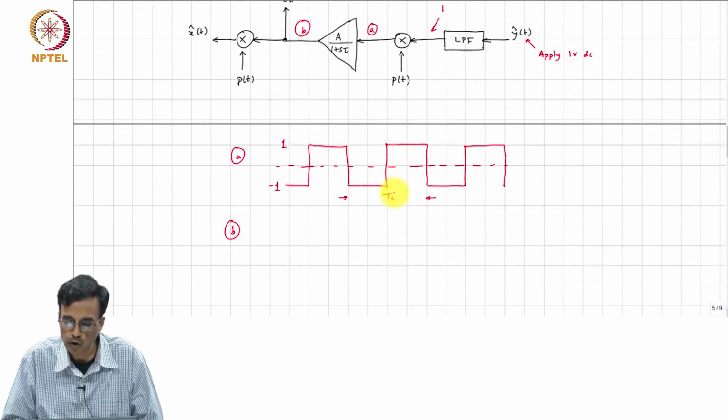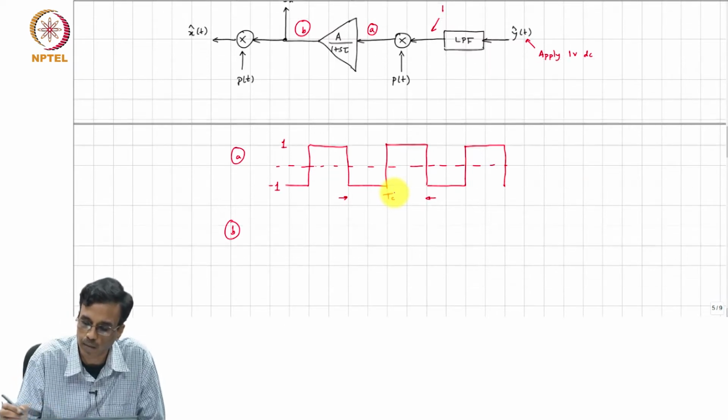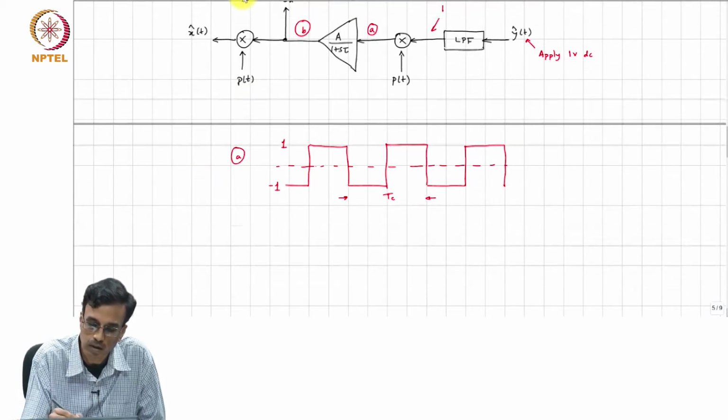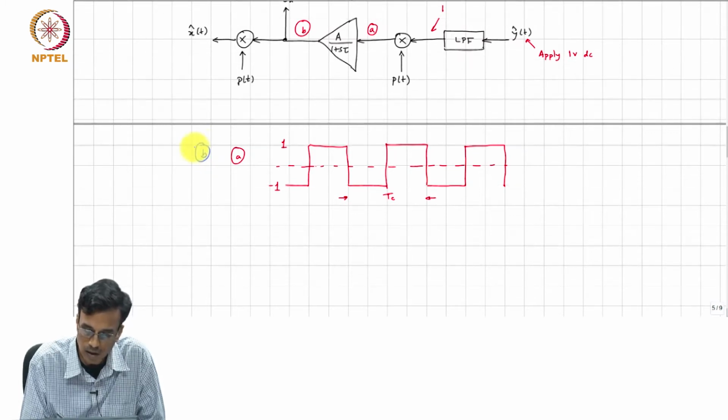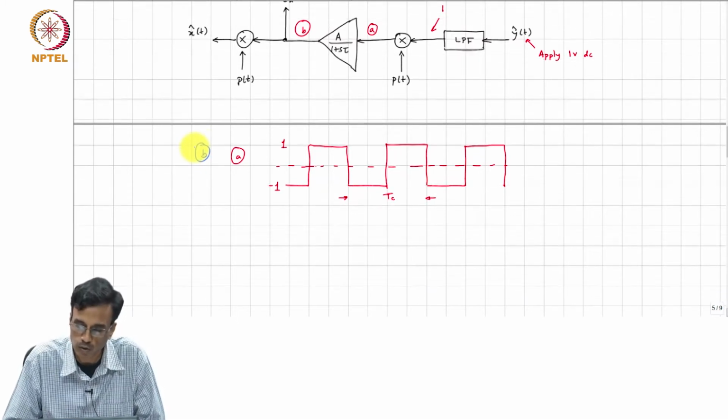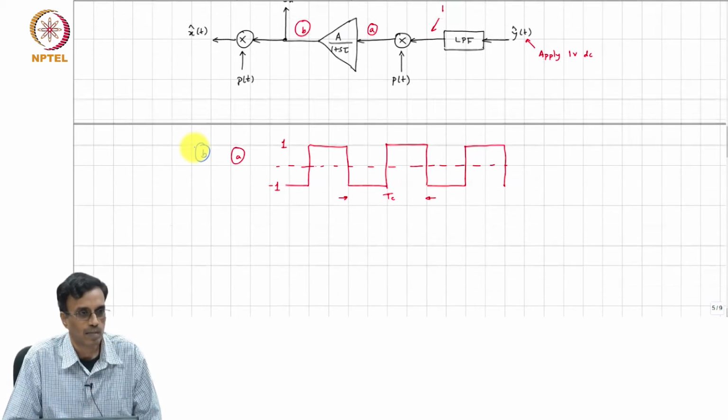Right. So, what comment can you make, let me draw that in blue over the same picture here. How will it look like? You take a square wave, pass it through a single stage amplifier with a DC gain of A. Exponentially.